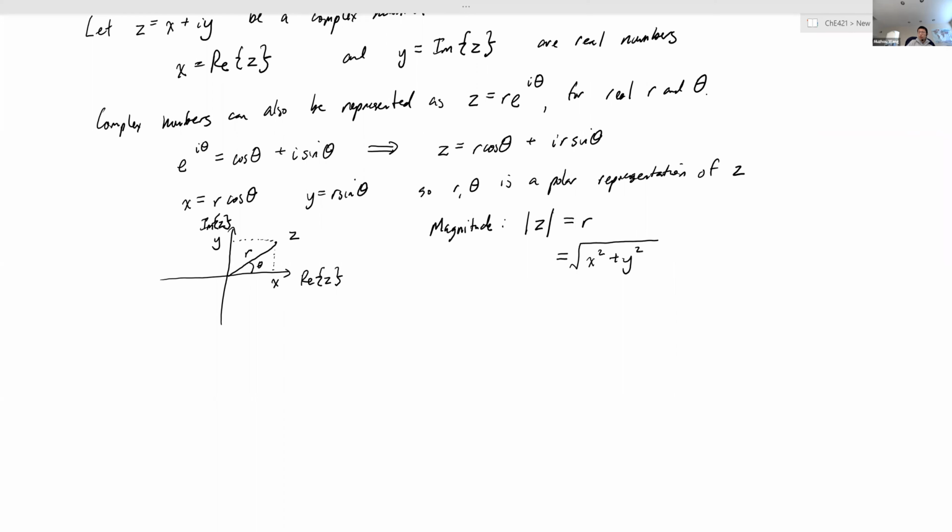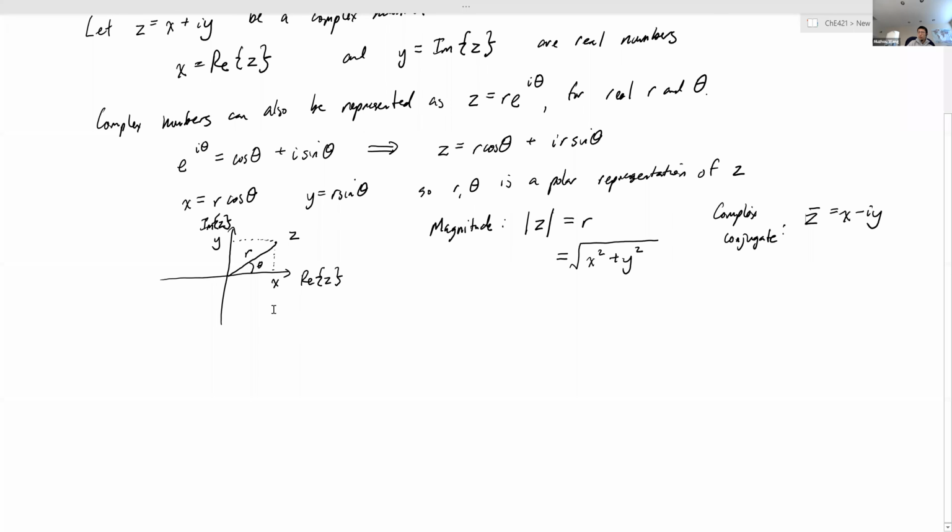There's another operation that we care about sometimes with complex numbers that's called the complex conjugate. That's typically denoted as a bar over the z. That's written as x minus iy. So if you have a z right here, then the complex conjugate of z is down here.